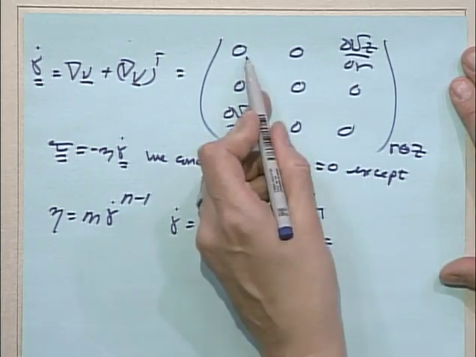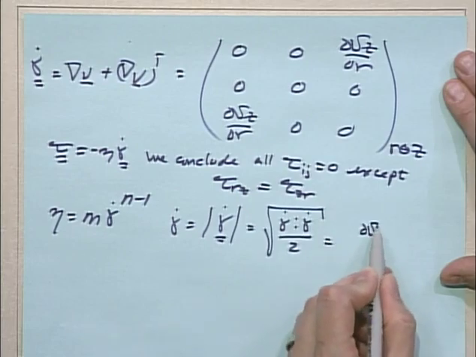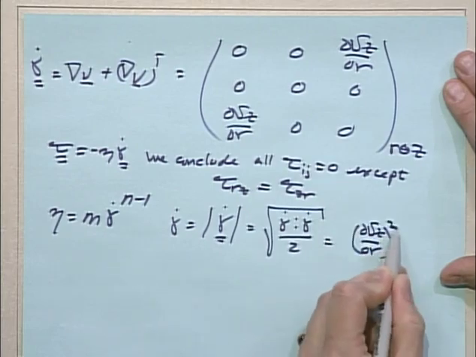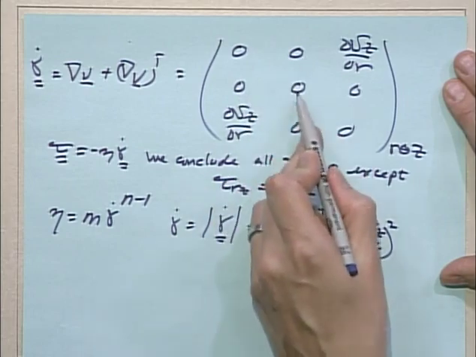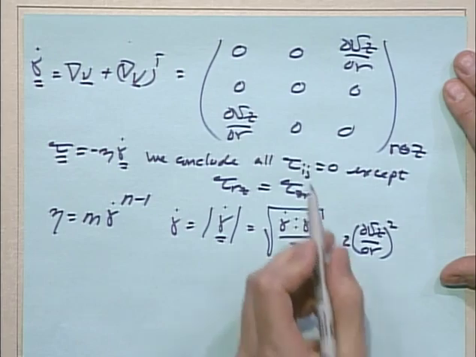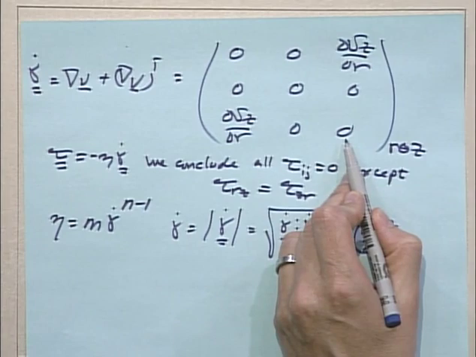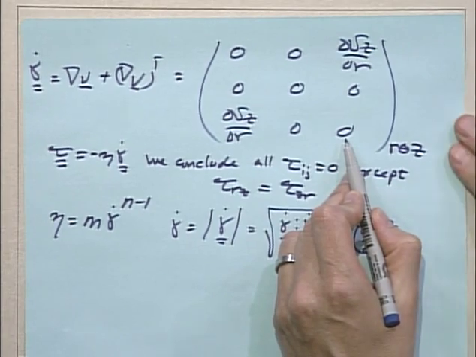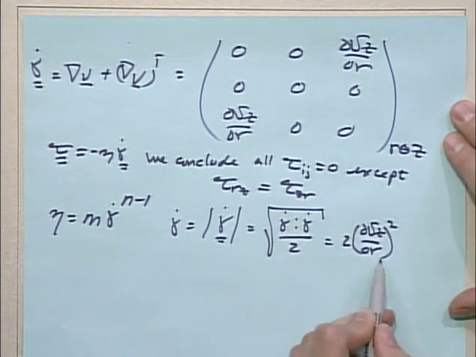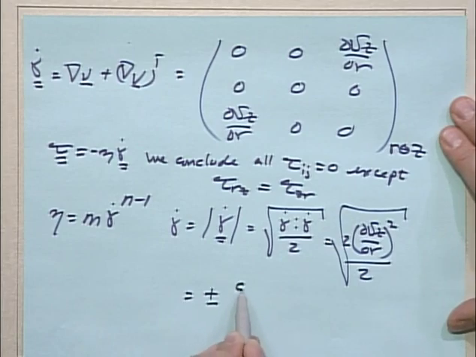So we get 0 plus this term squared, plus 0 plus 0 plus 0 plus this term squared, so we get it again, plus 0 plus 0. And so we take that and divide it by 2 in quantity square root, and we get the gamma dot is equal to plus or minus dvz dr.